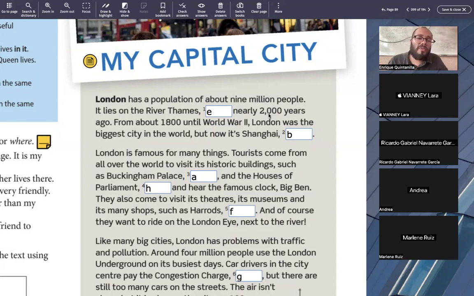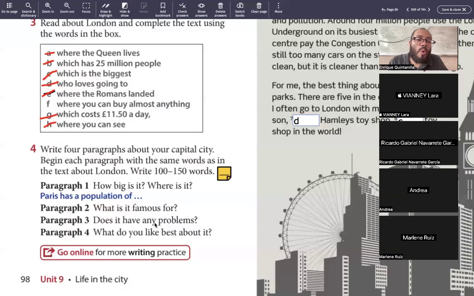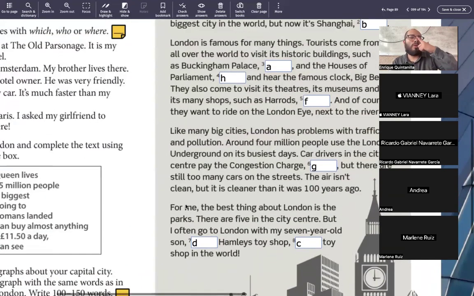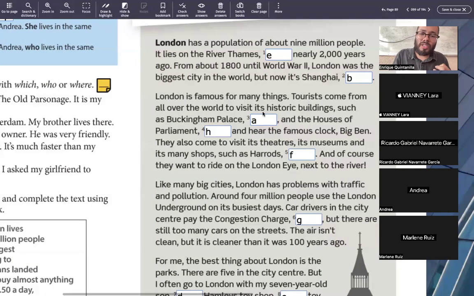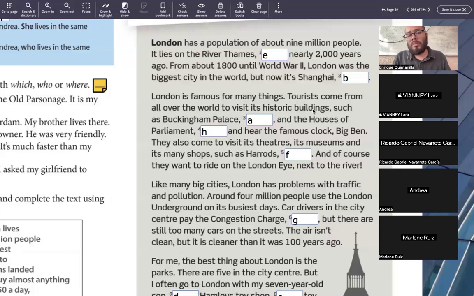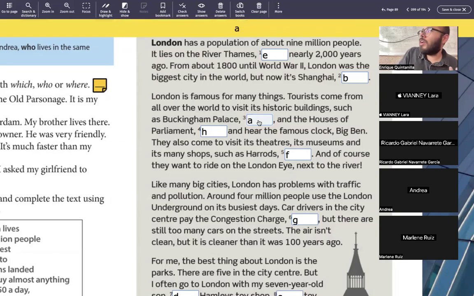The second paragraph, it is about what it is famous for. So here you can describe all the attractions. Cuernavaca is famous for being the city of eternal spring. Tourists come from different parts of the world to visit museums, to visit parks, to visit the main square, El Zócalo.